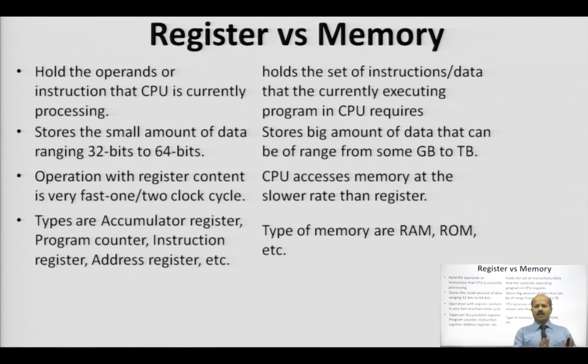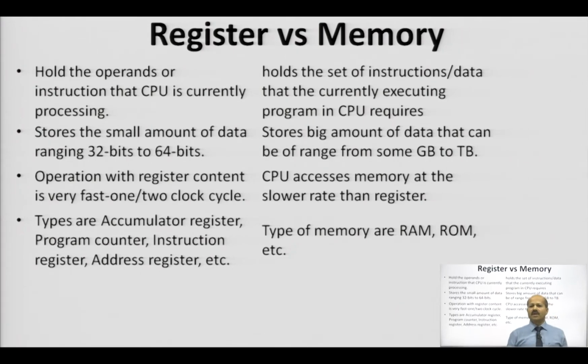Registers are internal part of the processor and primary memory is the external part of the processor. In general, registers are very fast accessing devices and memory are comparatively slower. So, whatever data or operand is required by the currently executing instruction is to be available with register.